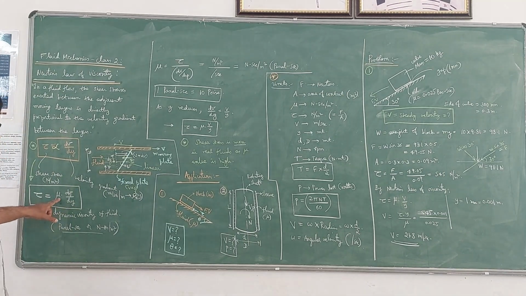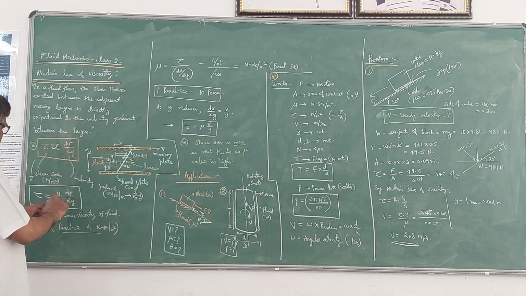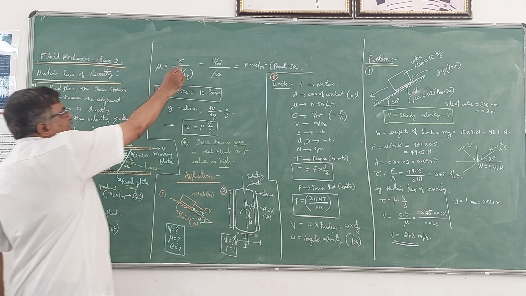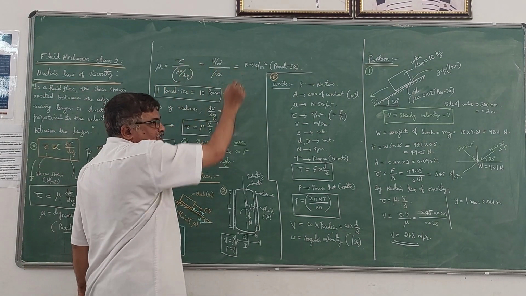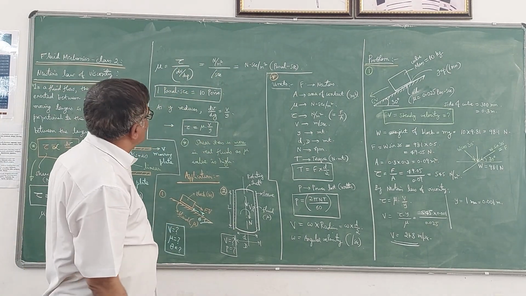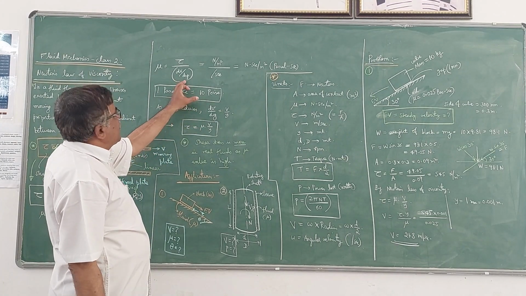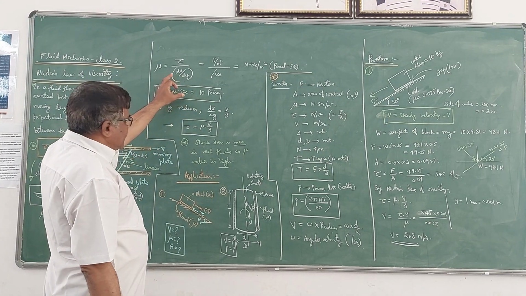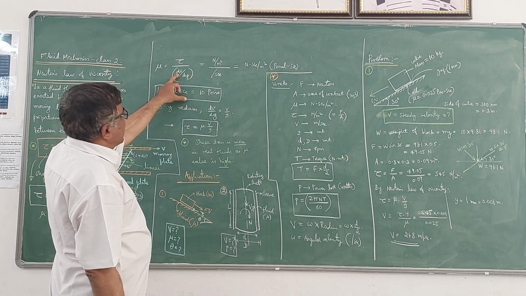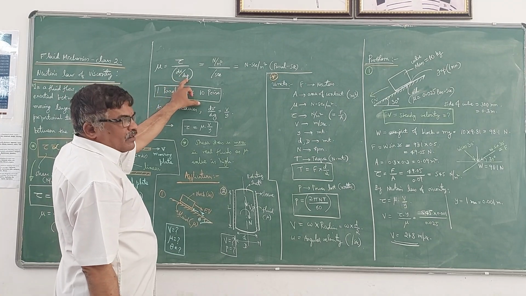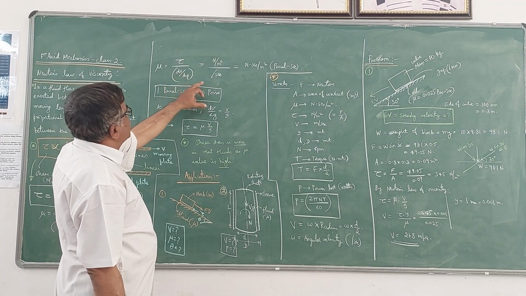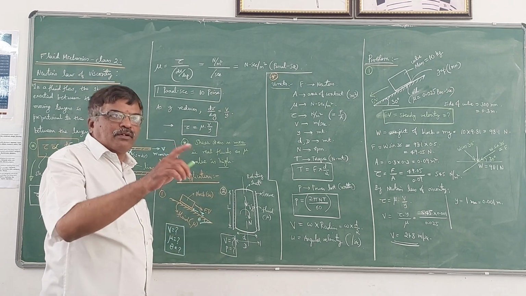Now, if you take this equation, mu becomes tau divided by dv by dy. Tau is normally expressed in SI units as Newton per meter square, and in dv by dy, dv is velocity in meter per second and dy is in meters, therefore it becomes per second, that is second power minus 1.